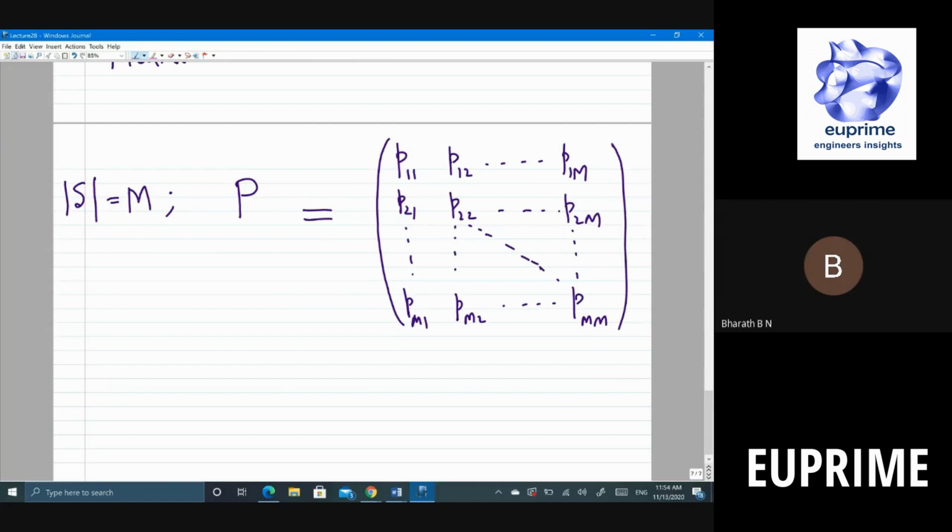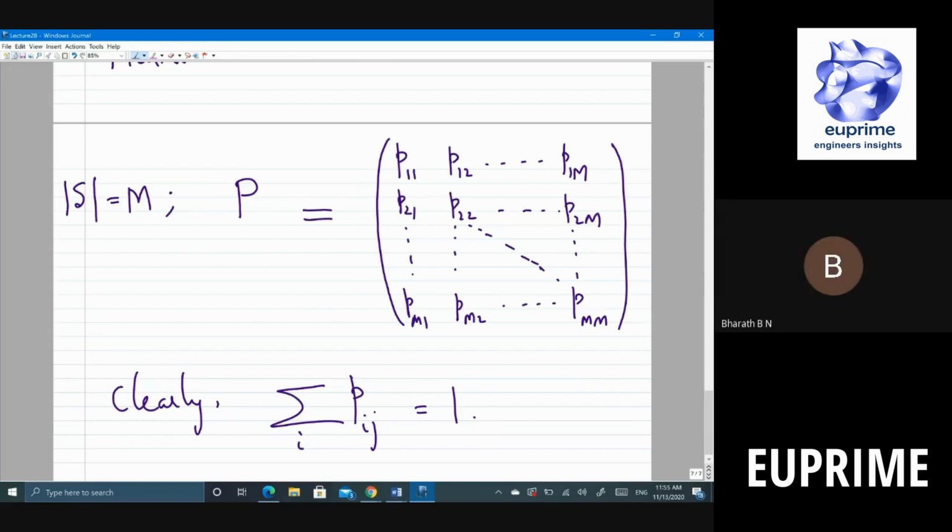If you are in state i, you should either remain in state i or go out of state i. The probability of something happening given that you are in state i is 1. That is nothing but what? Columns. Columns are one. So if you look at, for example, P_ij, you are in state j and you are going to state i, so summed over all i should be 1. Is this clear?